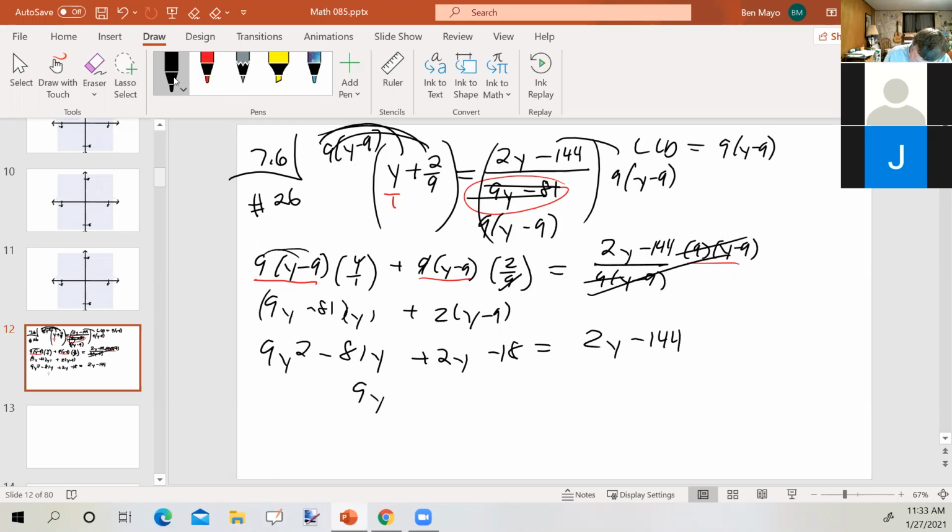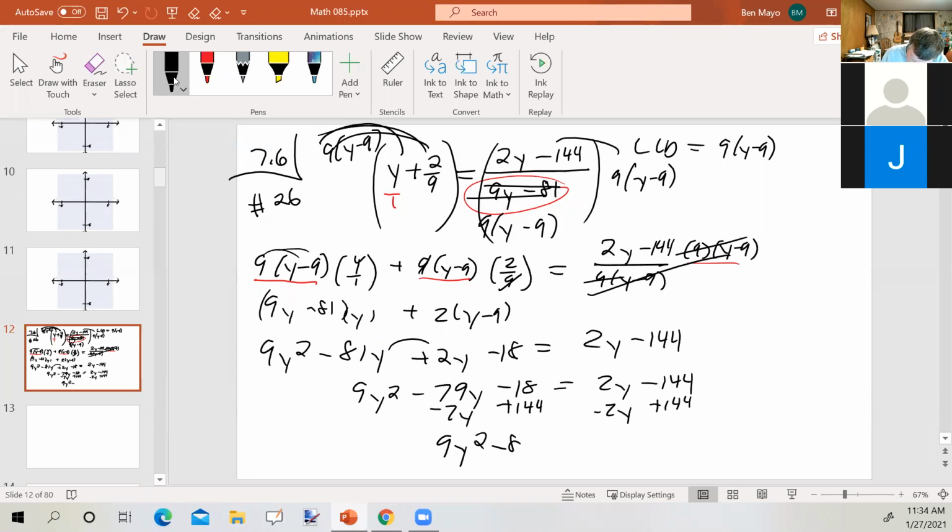Combining like terms, 9y squared minus 79y minus 18 equals 2y minus 144. I'm going to subtract 2y from both sides and add 144 to both sides. So that gets me 9y squared minus 81y plus, let's see, negative 18 plus 144, that is 126, equals 0.